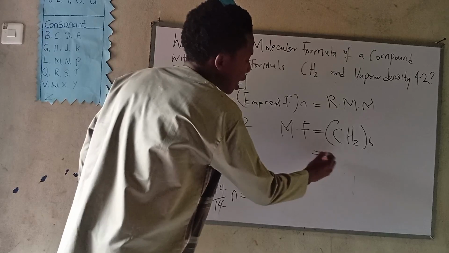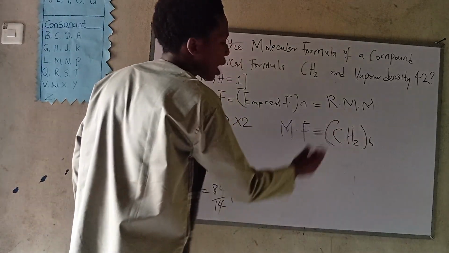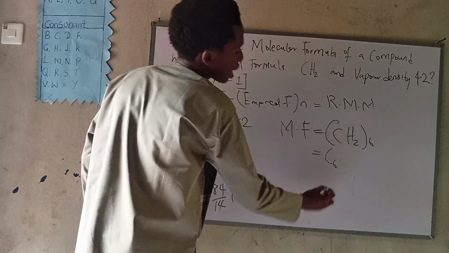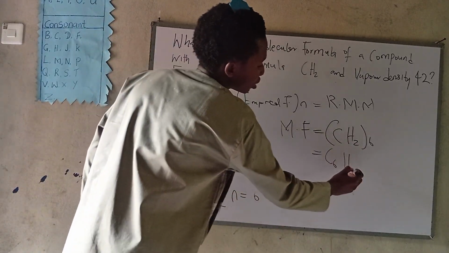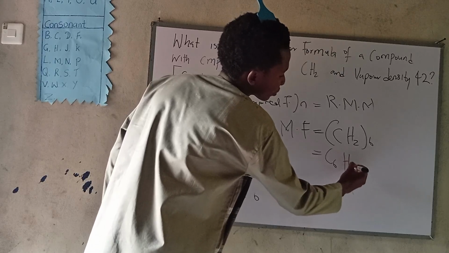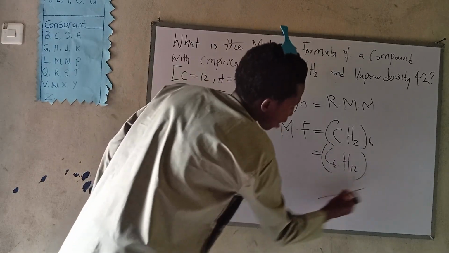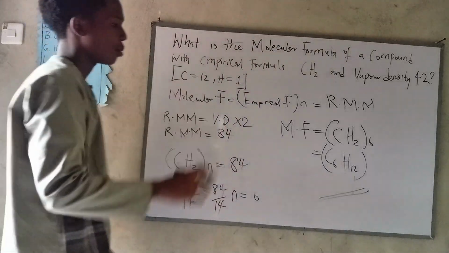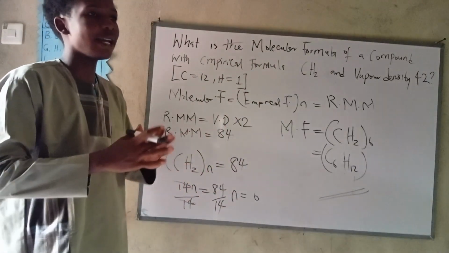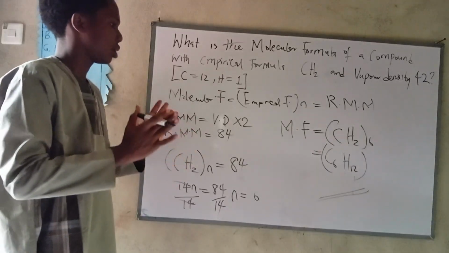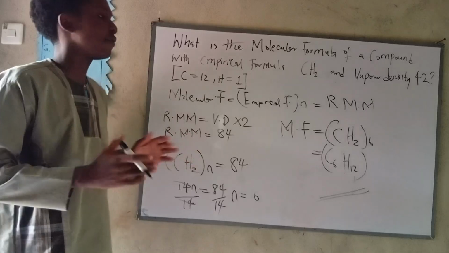So now our molecular formula will be 6 times 1 carbon will give us 6 carbon, 6 times 2 hydrogen will give us 12 hydrogen. Okay, so this is our molecular formula. And now you've seen that solving molecular formula is very, very easy. It is a cheap question. Anytime you see this question in your exam, you should be very, very happy.